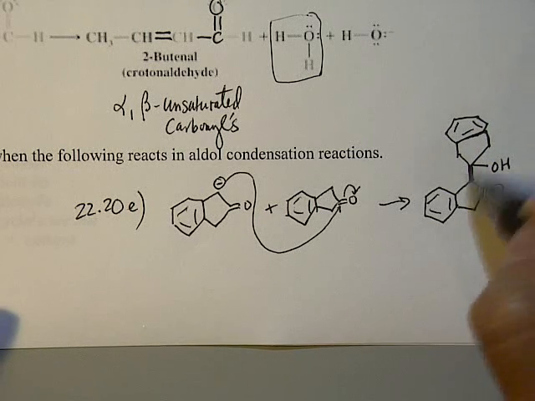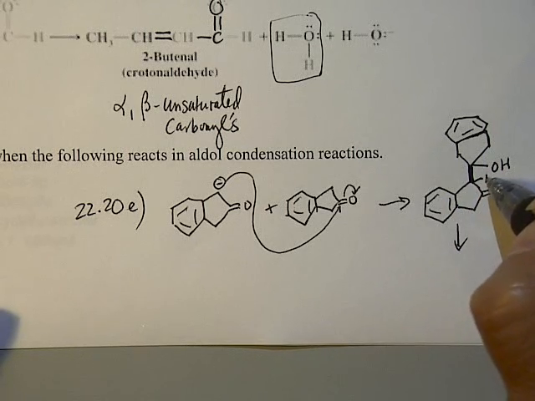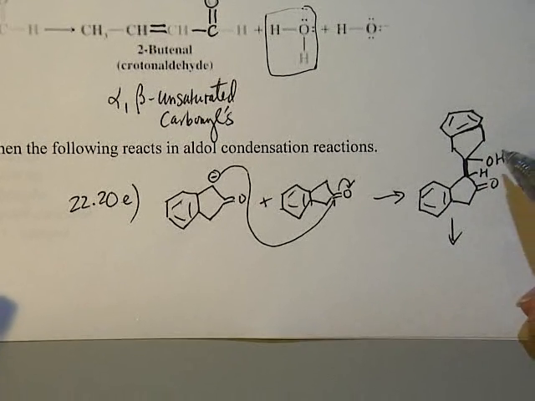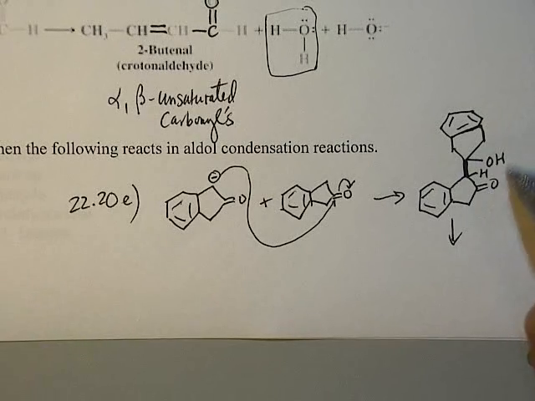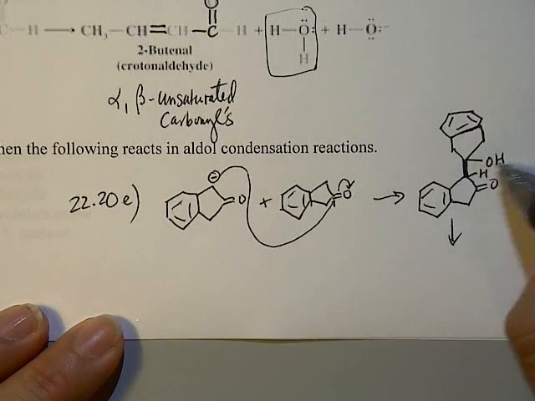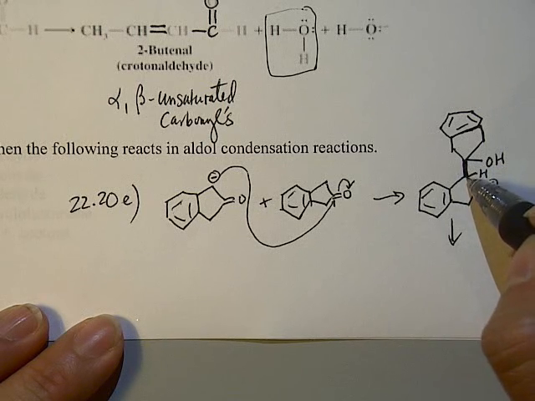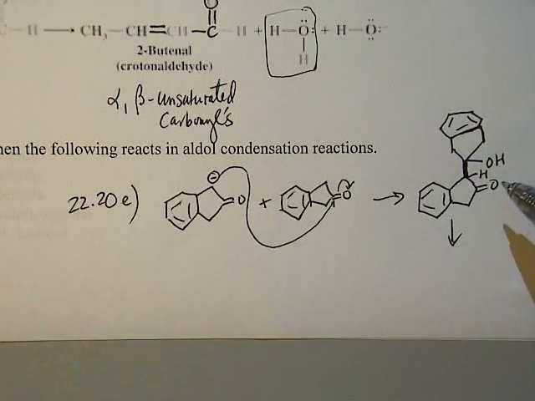So then if this dehydrated, so in other words, you could think of it as water being removed here. So draw everything exactly the same way. Remove OH and H, put a double bond between this carbon and this carbon. I don't have time to draw this, so I'm going to stop here, but that would be the final product.